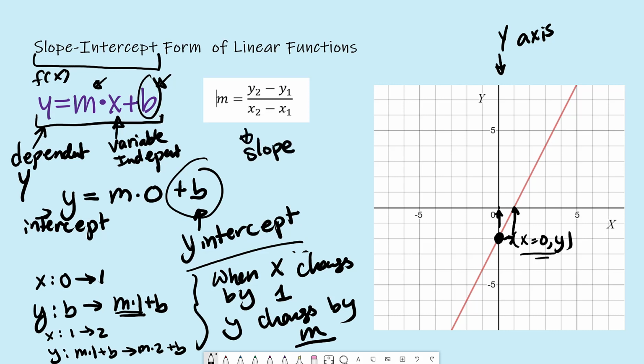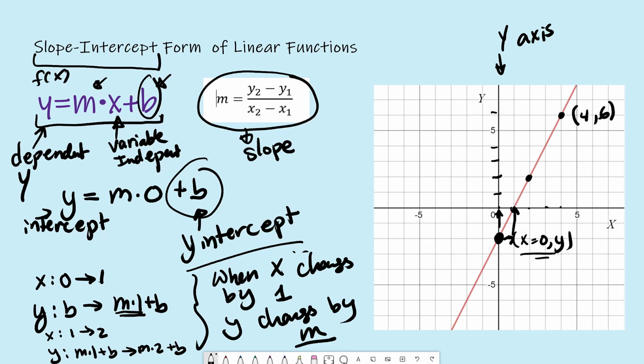Now, we also saw another way of calculating our slope, not by using our intercept, but by looking at any other points on the graph. We can use this formula where we take 2 points, say this point and this point, and we see what y is and what x is at both points, and we can evaluate m. Here our y is 1, 2, 3, 4, 5, 6, and our x is 1, 2, 3, 4.